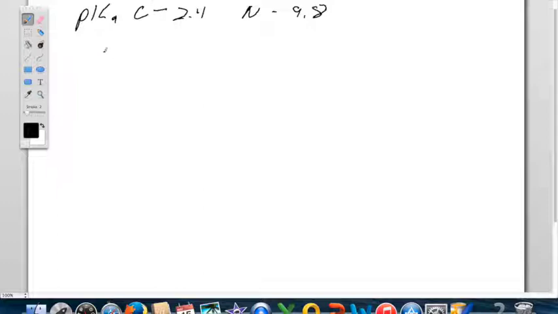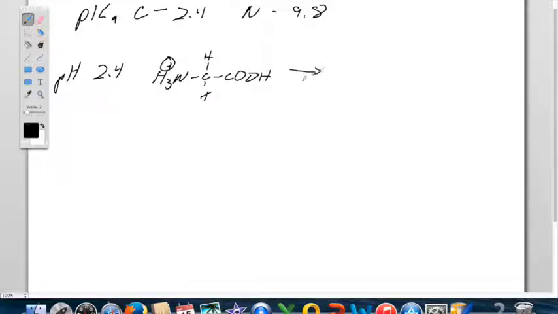So let's draw the structures that would exist when the pH is equal to 2.4. When the pH is equal to 2.4, then the pH is equal to the pKa for that carboxyl group. When that's the case, the amino group would be fully protonated. We have our alpha carbon, and then we have our carboxyl group protonated.